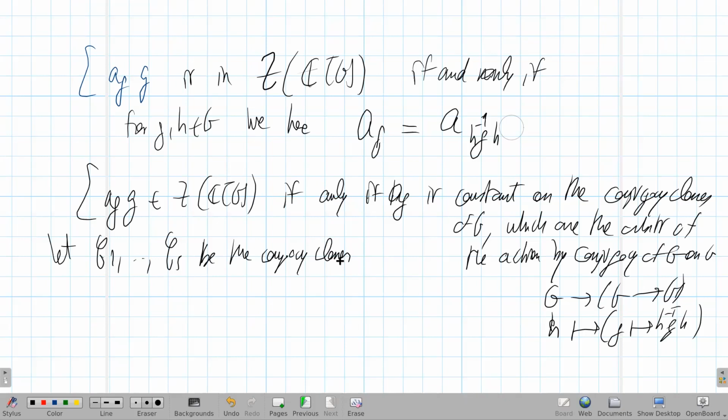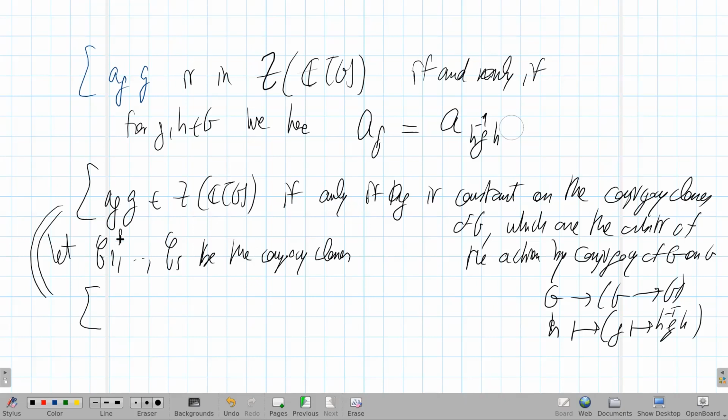Since the coefficient is constant on the conjugacy classes, I can write this element in the following form.